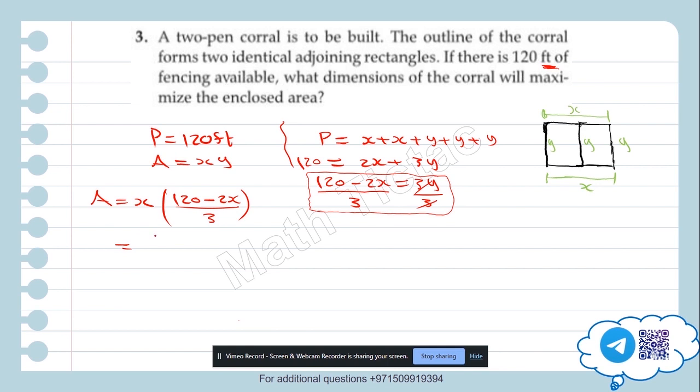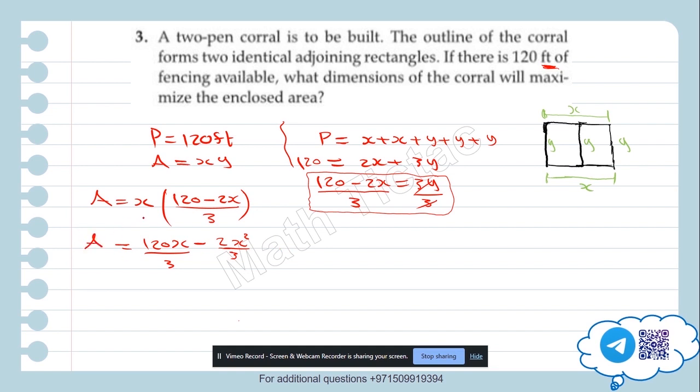So let's enter the x inside. That will give me 120x, for sure this is divided by 3, minus 2x squared divided by 3. So now this is A.